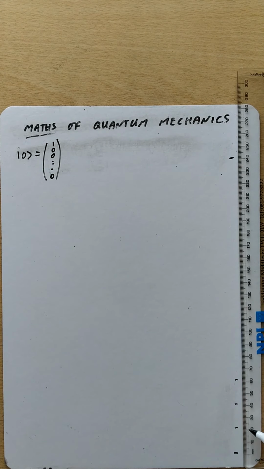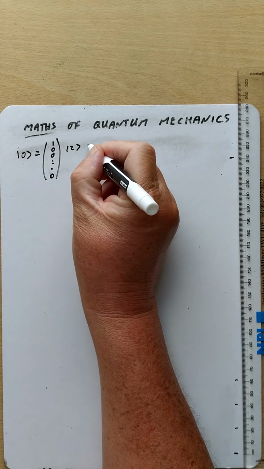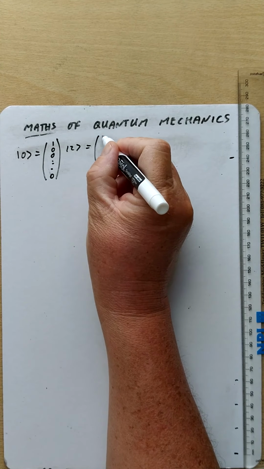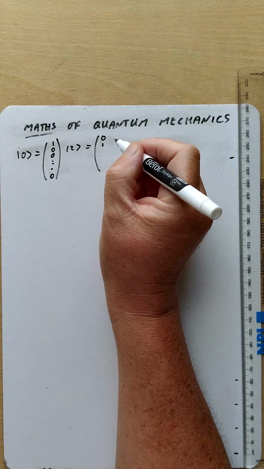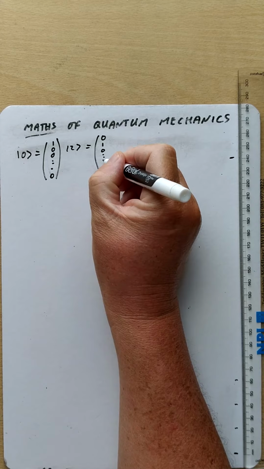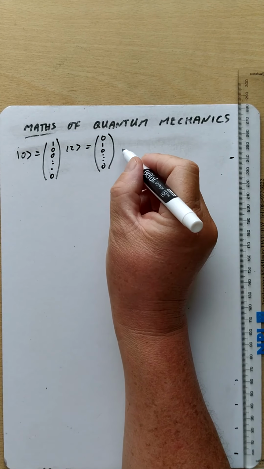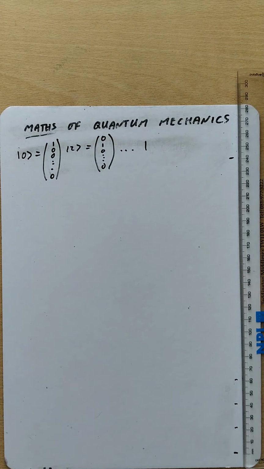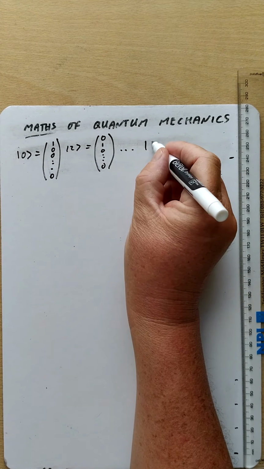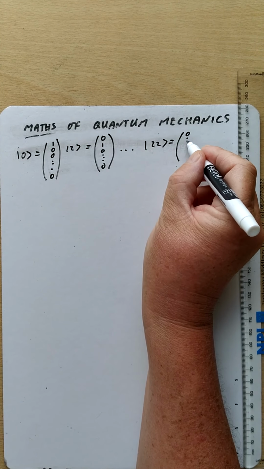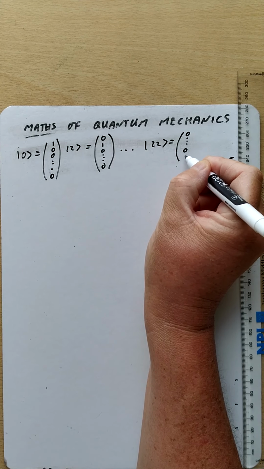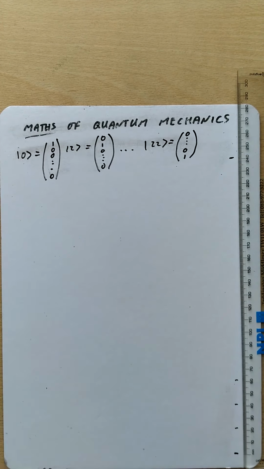Or it could land at the location 2 centimeters, and then it has a 0 in the first component, and as this is the second possible location, there's a 1 in the second component, and then the remainder are all zeros. And this goes all the way up to the final possible location, which is 22 centimeters, and it has zeros for the first 11 components, and then a 1 for the final component.